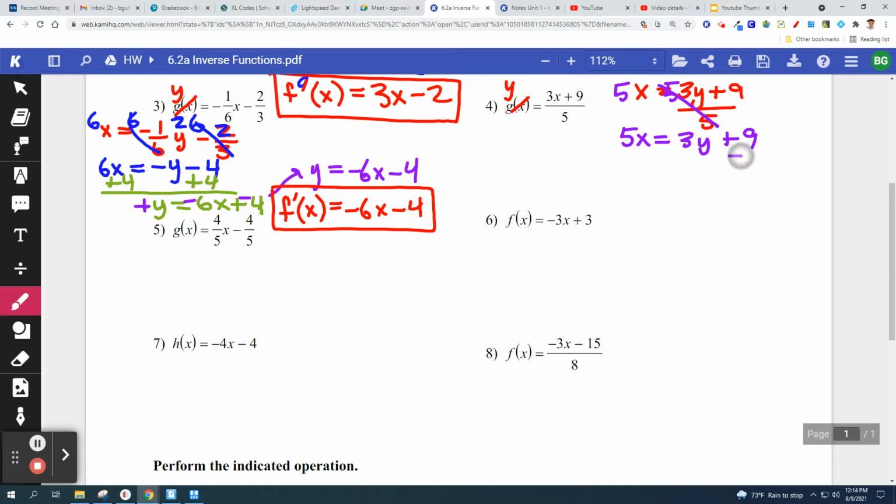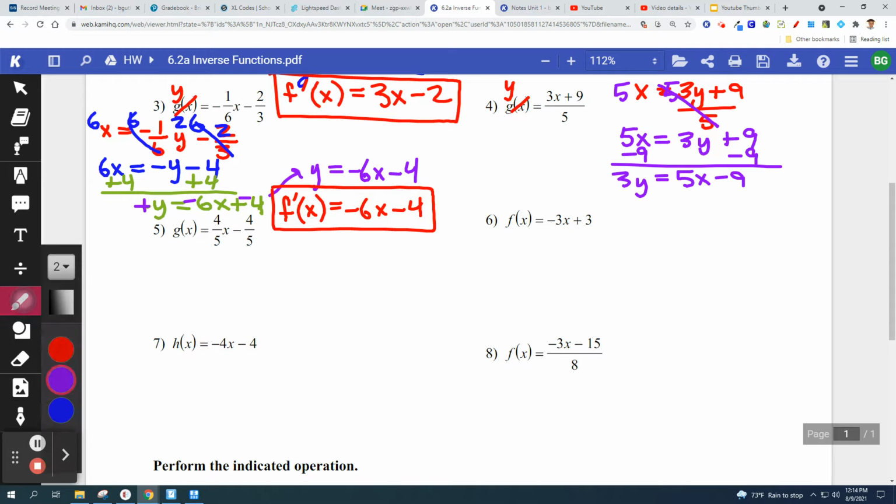And I'm isolating, so I'm going to subtract this 9 over. Switch it around. 3y's by itself. I've got 3y equals 5x minus 9. And then I'm going to divide by this 3.